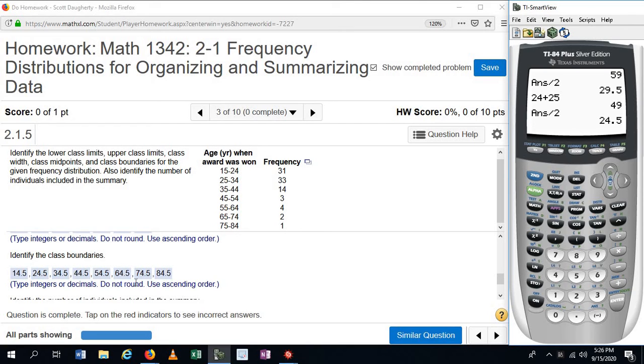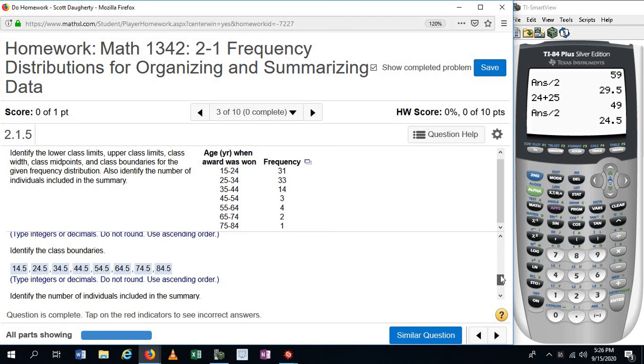When you add 10 more to this 74.5, you get 84.5. Likewise, 24.5 is the boundary between 24 and 25, but there's also a class boundary before 15, and so to find it, you would just subtract 10 from 24.5, and so the class boundary there would be 14.5. So those are all the class boundaries.